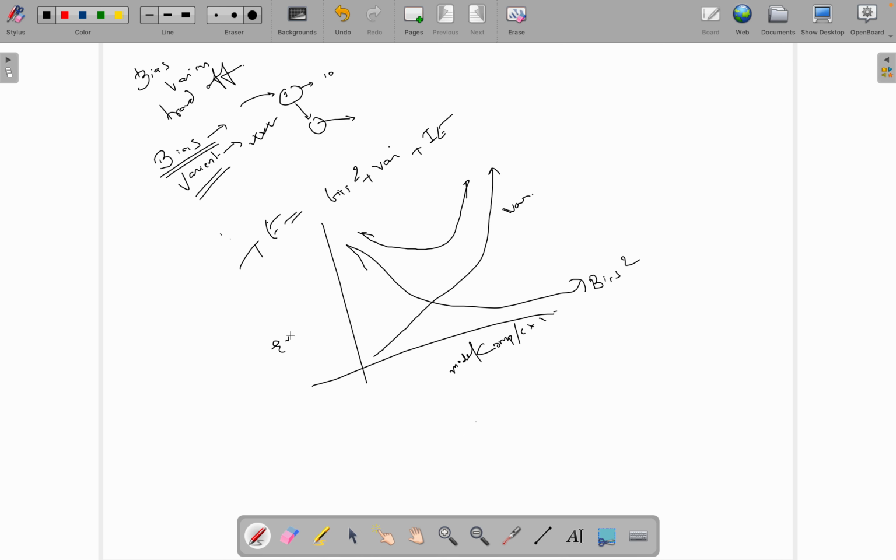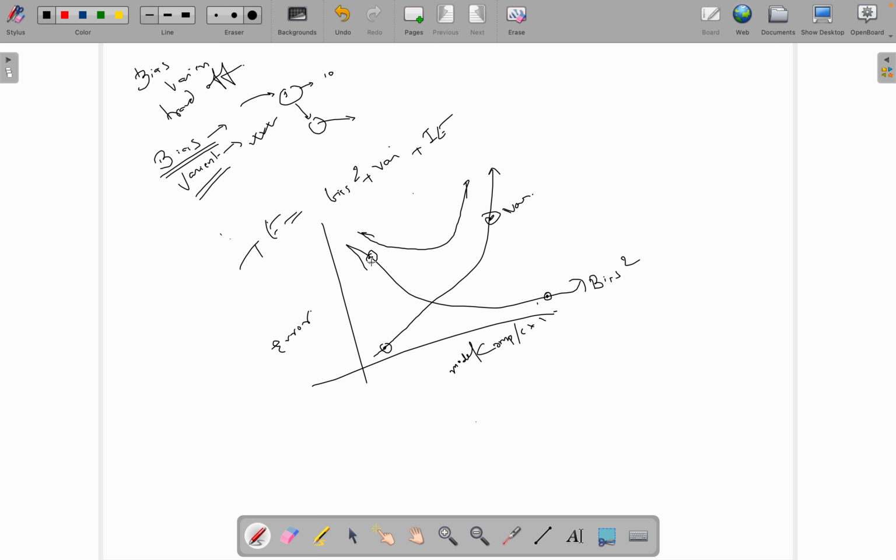and this side is error. If I take this point, you can see my bias is at lowest but my variance is high. If I take this point, then my variance is low but my bias is very high.